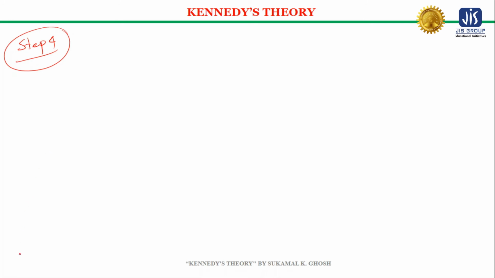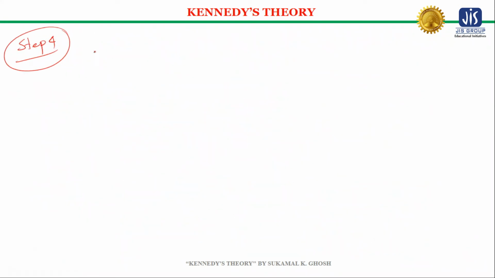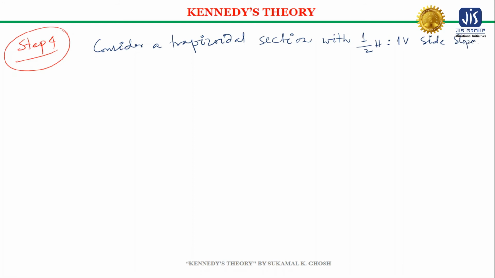So this time also we will consider a trapezoidal section with 1/2 horizontal and 1 vertical side slope. So this is our channel section.